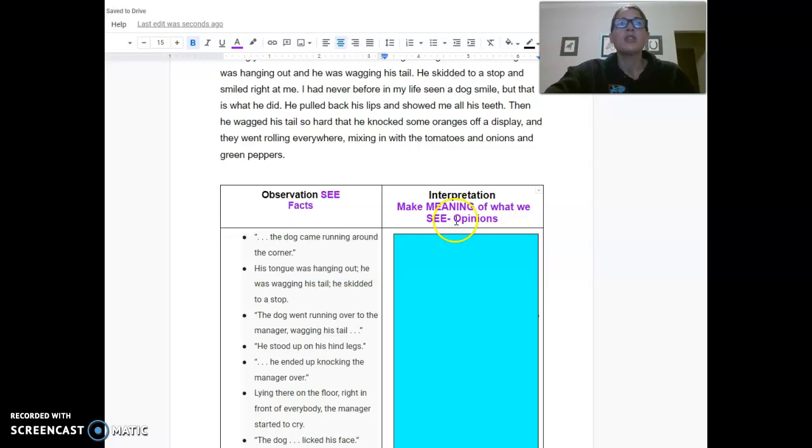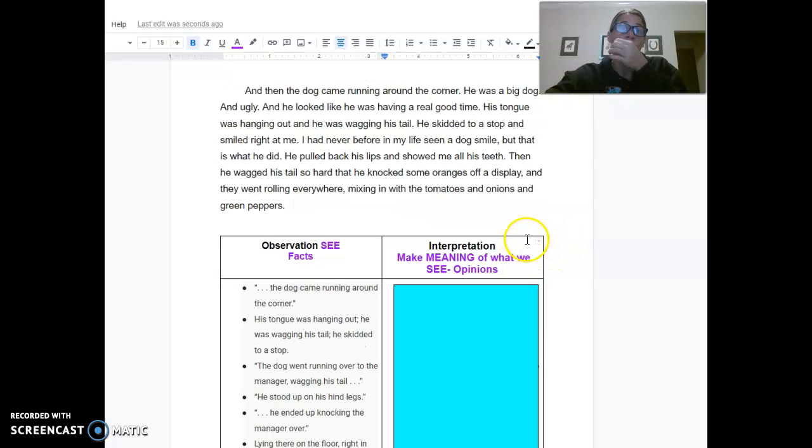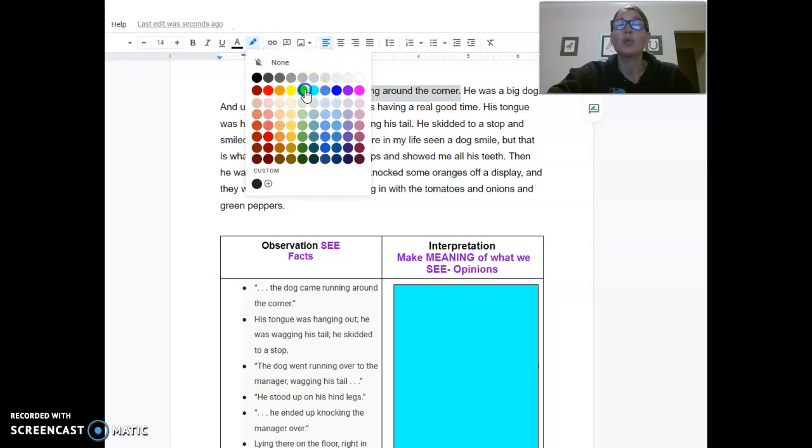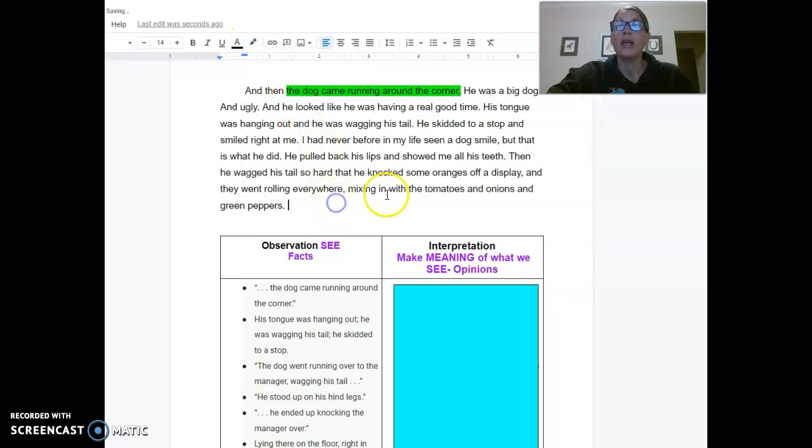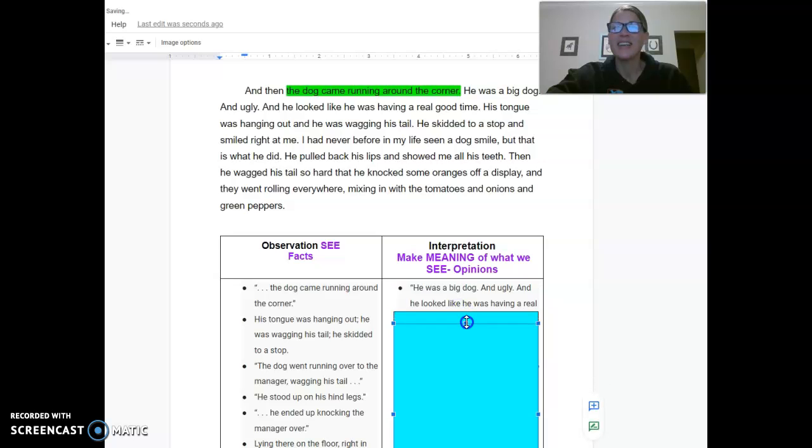Okay, so in paragraph 2, I've pulled out some observations, and these are some things I think we highlighted as well. The first one we had is the dog came running around the corner. So here that is. The dog came running around the corner. That was what Opal saw. Okay, her interpretation was he was a big dog.